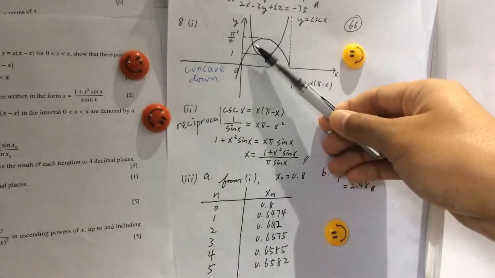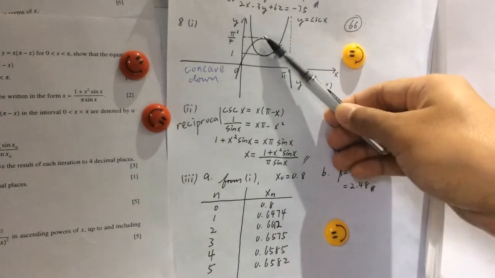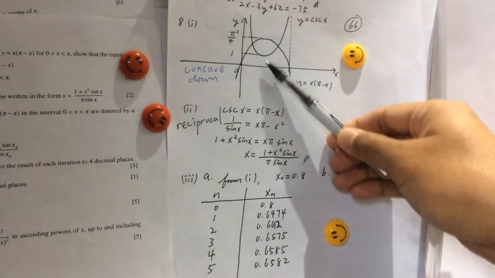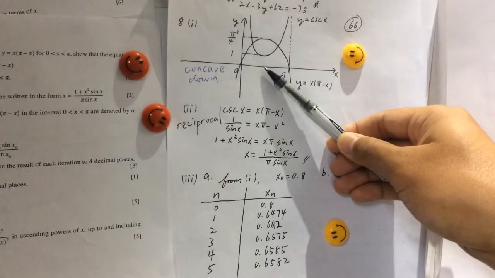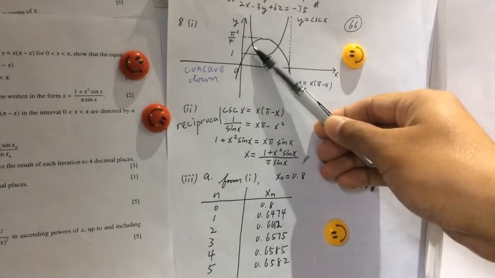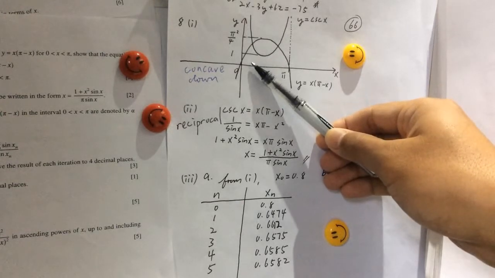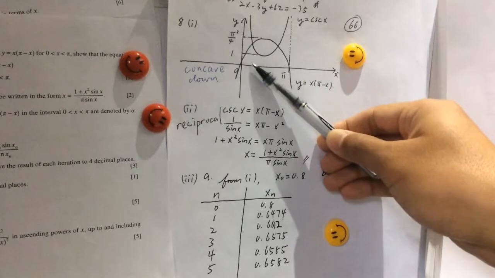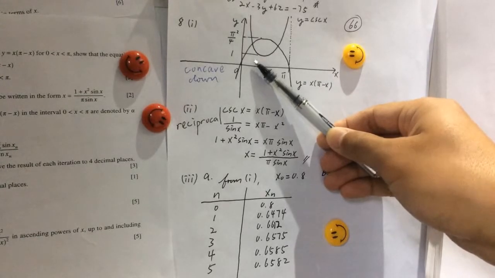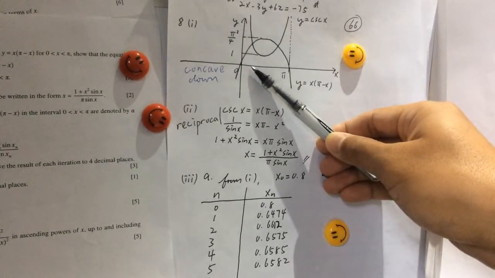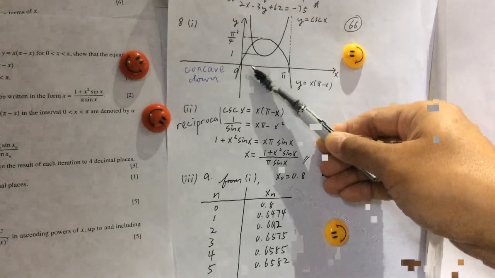You see here. The maximum point happens at x equals pi over 2. So this point of intersection, it is alpha. This is alpha. It's roughly around 0.8. And then try the process, and then we're able to find out x2.